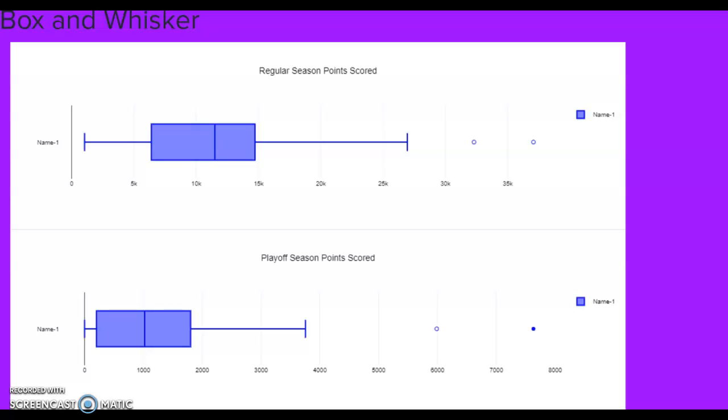That's interesting, because you would think the playoff points scored would be a lot closer since people don't get as much opportunity. But I guess since there are so many people at 0, the whisker below is very small, whereas in the regular season there's nobody at 0 points scored, so there's nobody below the number.